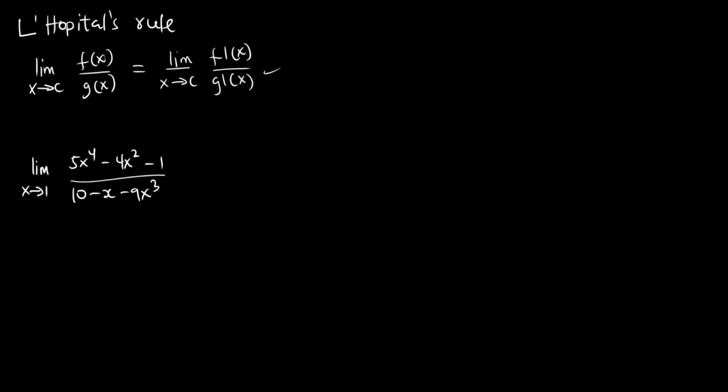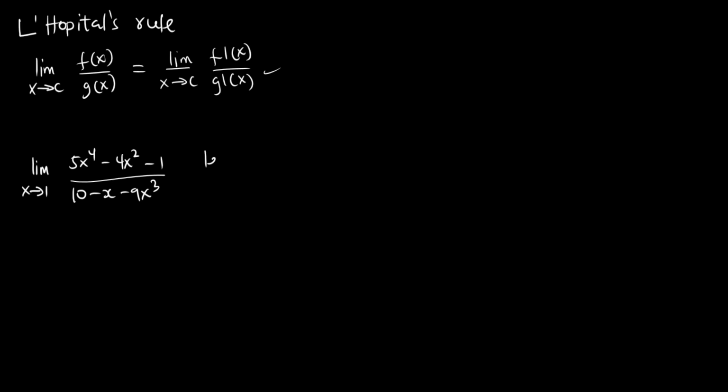So let's find the limit of this function here as x approaches 1. Okay, so when we try direct substitution here, we are going to get 0 on 0, which is indeterminate. So for that reason, let's find a way to find the limit. So we're going to apply L'Hopital's rule here.